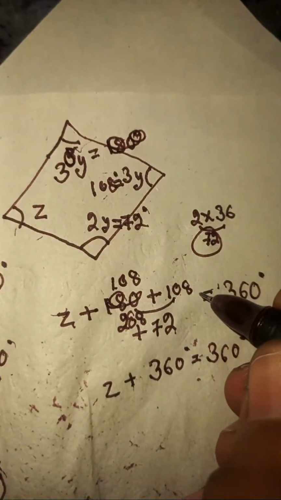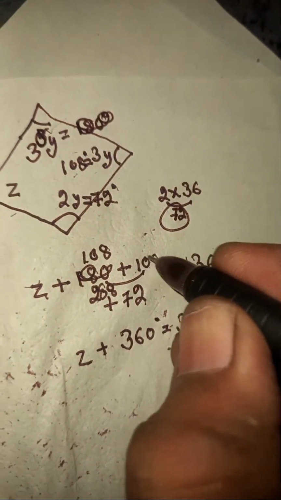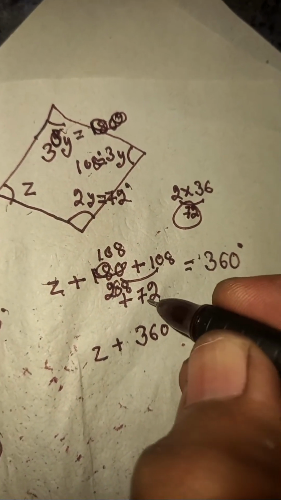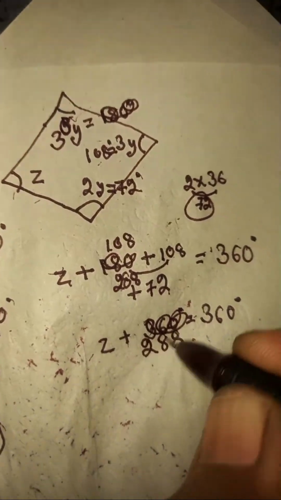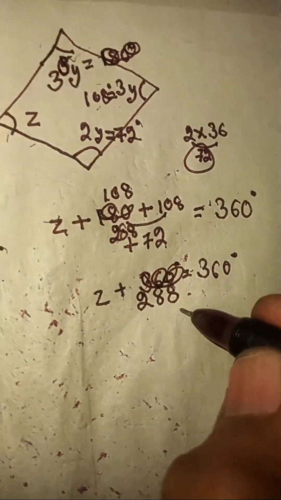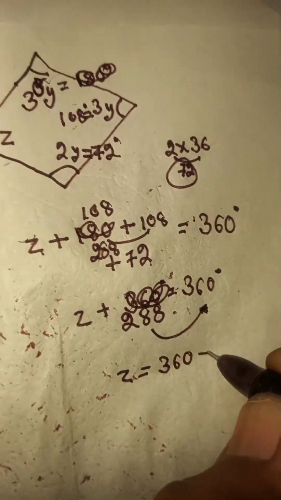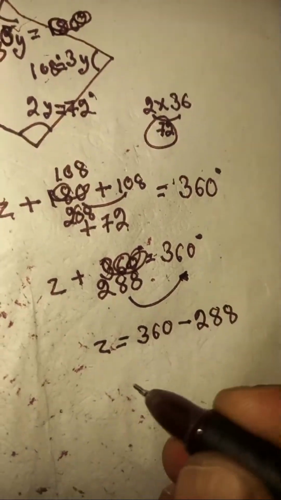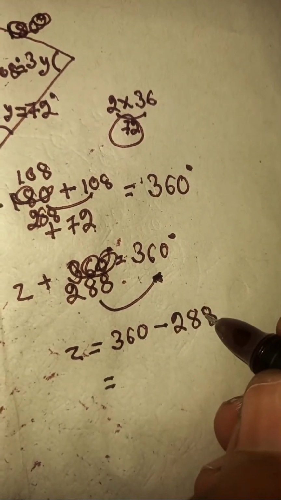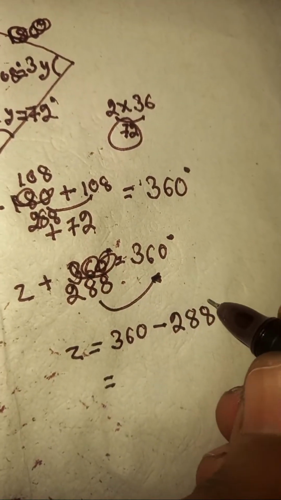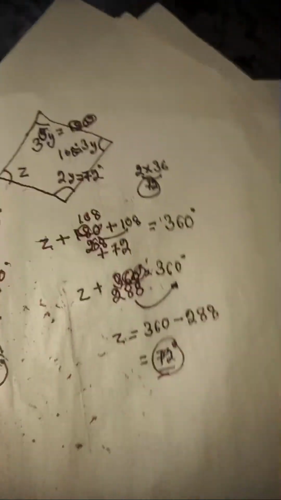And 108 plus 108 makes 216. 216 plus 72 is 288. 288 plus z makes 360 degrees, and sending this 288 to this side, it becomes 360 minus 288, which makes 360 minus 290 is 70 degrees, and again 2 you subtract, which makes 72 degrees. That is the value of z.